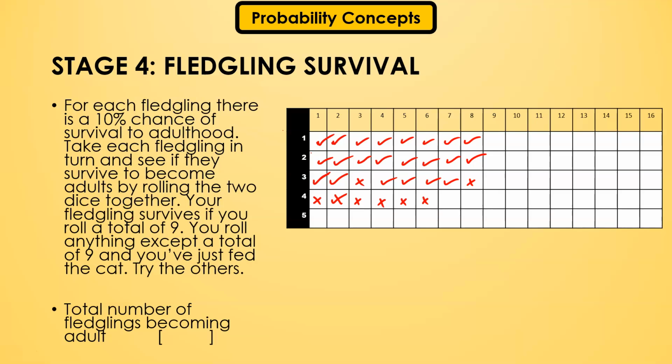Come on, the last one. 9. What are the chances of that? And I shouldn't have done the third one there because they were already dead. So from that, we ended up with 1 that became an adult.